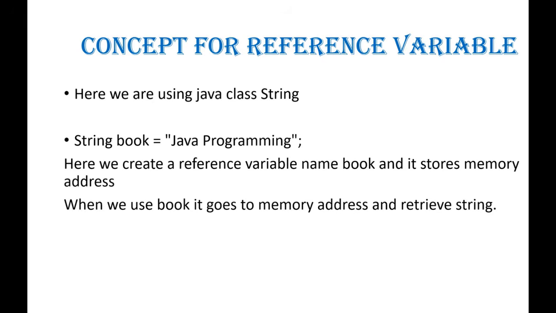What happens is that the value Java Programming is saved somewhere in memory, say at memory address 1026. Then when I create the reference variable book, this value 1026 gets stored inside the variable named book.